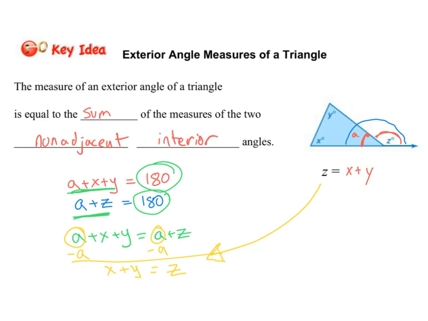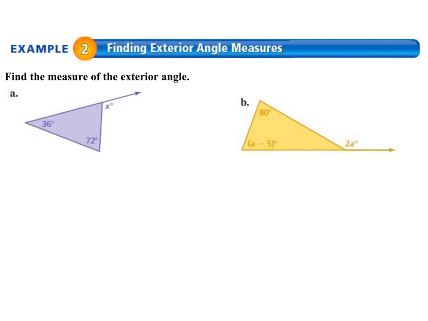So this exterior angle z is the same as the sum of the two non-adjacent angles x and y. Remember, non-adjacent means not next to. A would be next to z, x and y are not next to.